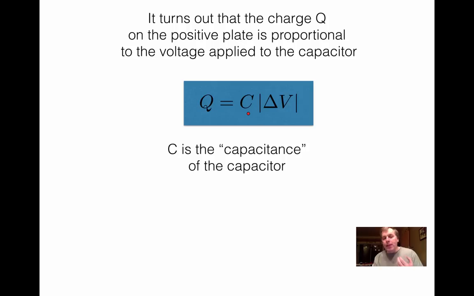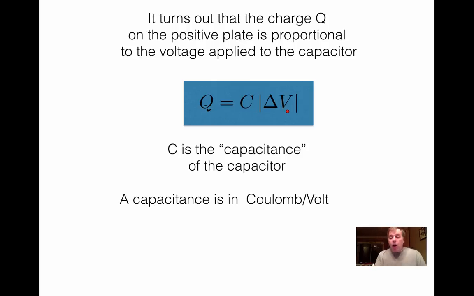Now, a capacitor is the actual object, but a capacitor has a property that we call capacitance, and that's what we call C. Okay, that's the capacitance of the capacitor, like the resistance of a resistor. And for a given capacitor, this capacitance will tell us how much charge you get on the positive plate if you apply a certain voltage to the capacitor.